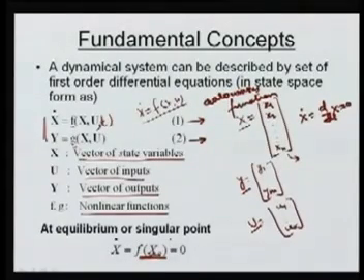Now the question again comes into the picture, what is this x, why is there an x at all? So let us see what the states of any system are. The state of a system represents the minimum amount of information about the system at any instant in time t0 that is necessary so that its future behavior can be determined.